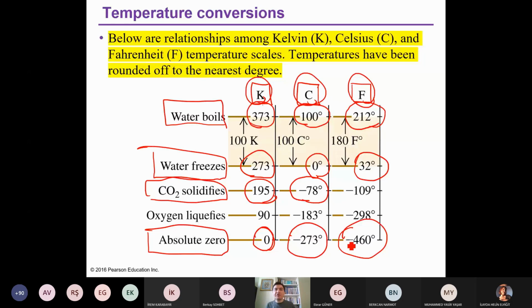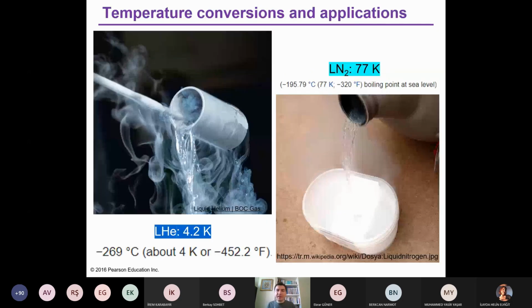So let me also show you some applications and some different materials with different boiling temperatures. Here on the left side, you see liquid helium. Actually, helium is present as a gas in air.